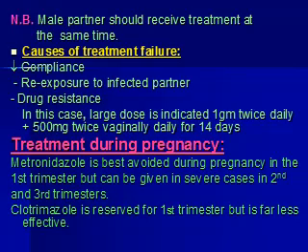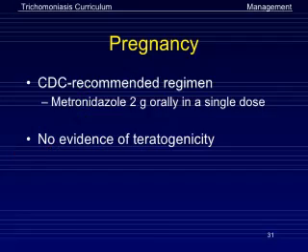Treatment during pregnancy is clotrimazole in the first trimester or metronidazole during the second and third trimester. The Centers for Disease Control recommended metronidazole 2 grams orally in a single dose during pregnancy. The drug is safe.